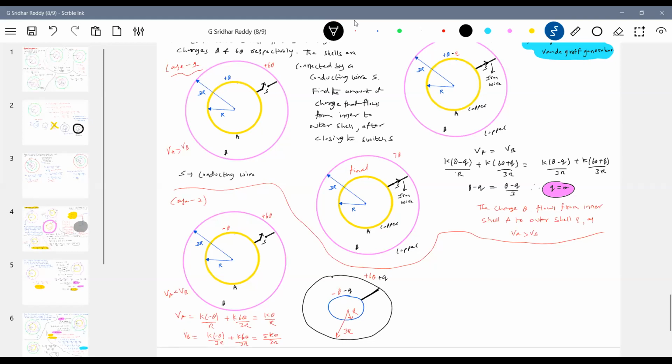Let's solve again, since they're connected by a wire. Iron wire. So the potential of shell A and B must be equal.